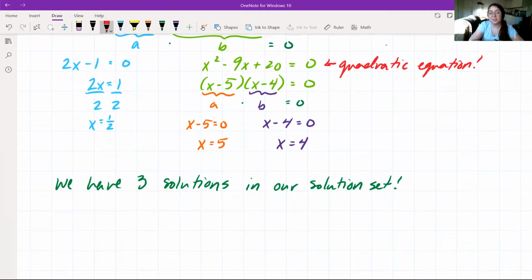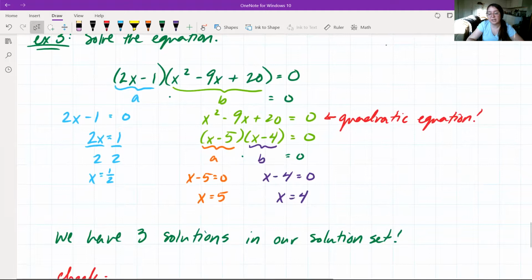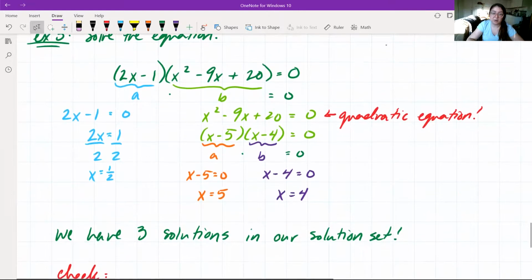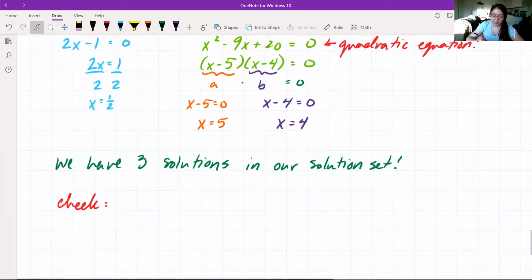And we want to check and make sure that these are correct. So we'll use our original equation of 2x minus 1 times x squared minus 9x plus 20 is equal to 0. We're not going to multiply 2x minus 1 by our trinomial in this case because it would just be way too much. But we'll end up seeing that one of these will end up being 0. So let's start with x equal to 1/2.